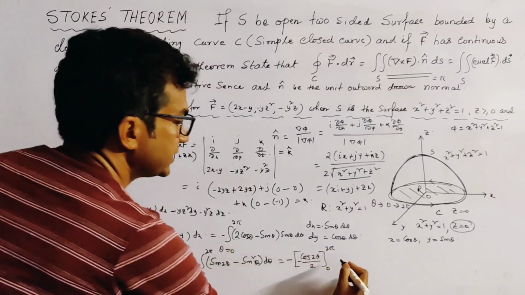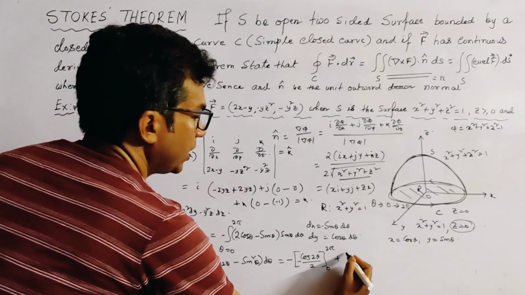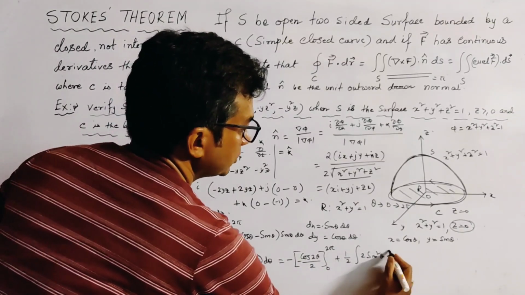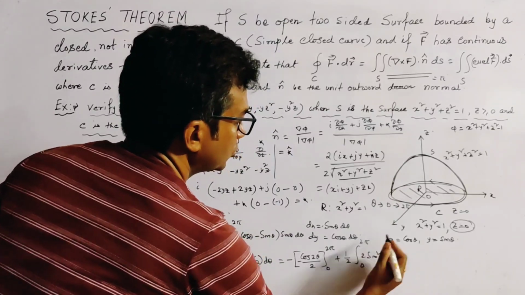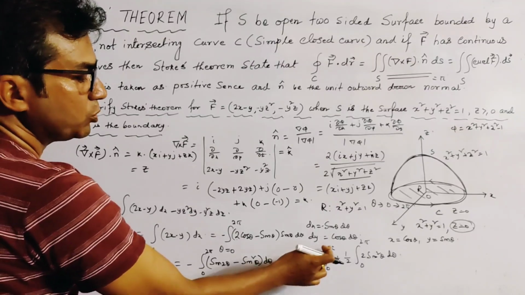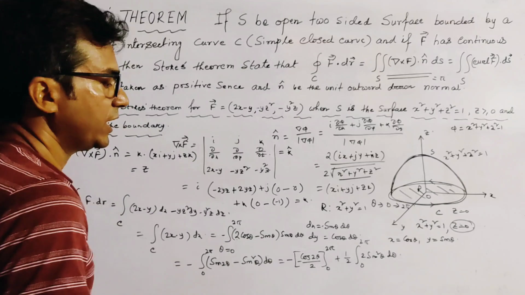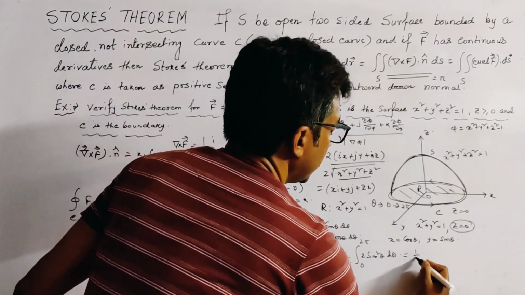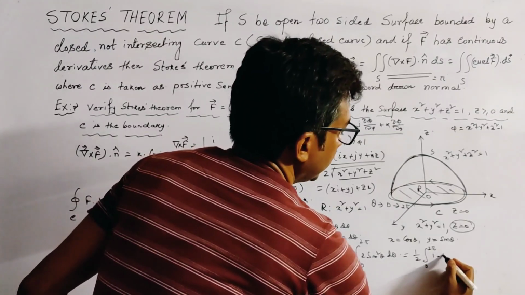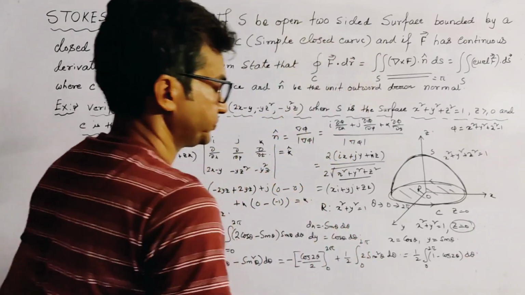And for the second integration, this is plus, we multiply by 2 and half, this is 2 sin square theta d theta, 0 to 2 pi. This integration is obviously 0, because cos 4 pi means 1 and cos 0 is also 1. So this part is 0, and the second part is half into integration 0 to 2 pi of 1 minus cos 2 theta d theta.